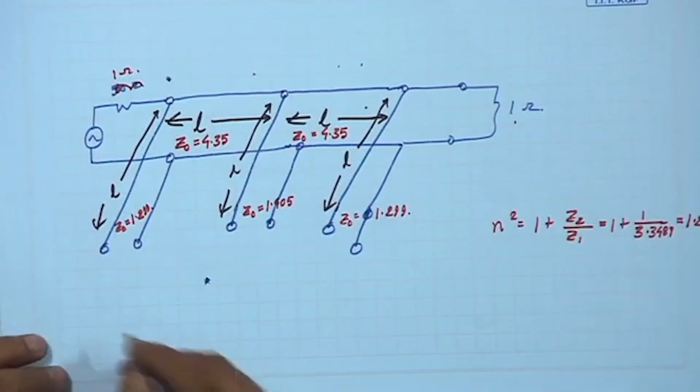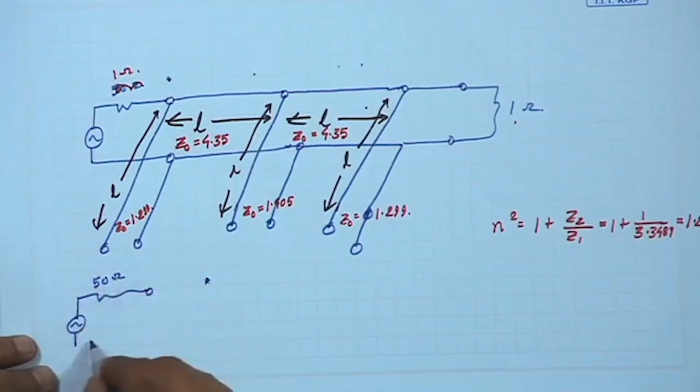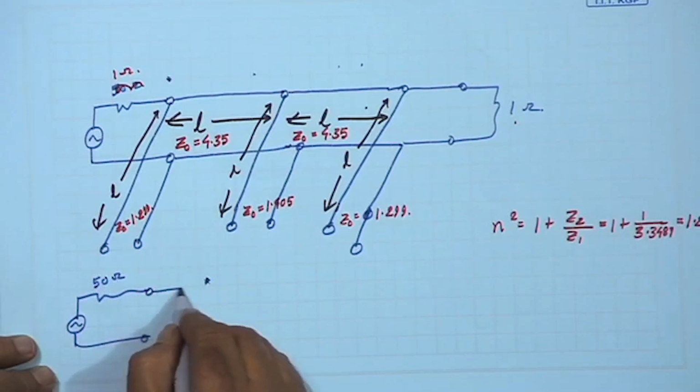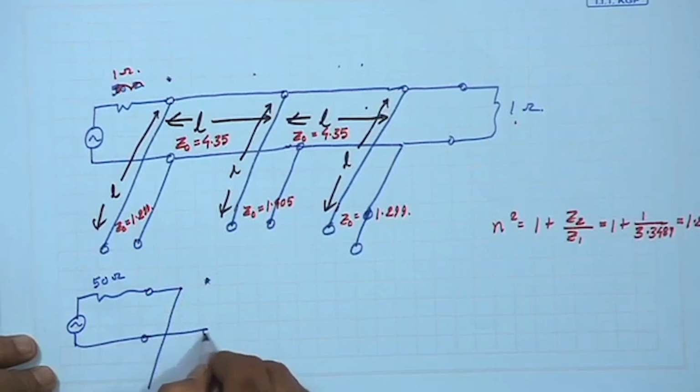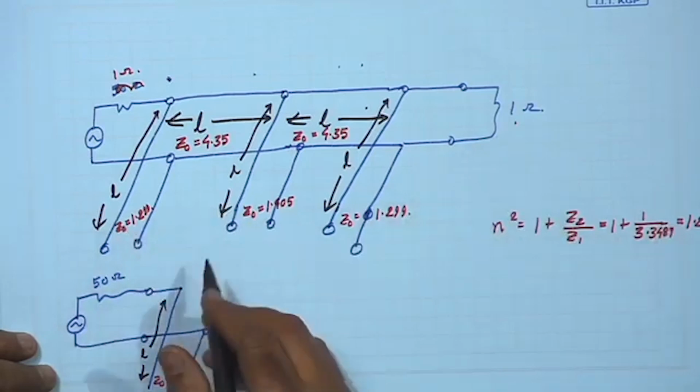So, all these values I will scale up, and I will write this as 50 ohm, then I will have this stub of length L again, and Z naught is this 64.9 ohm, just scaled up by 50 into this.